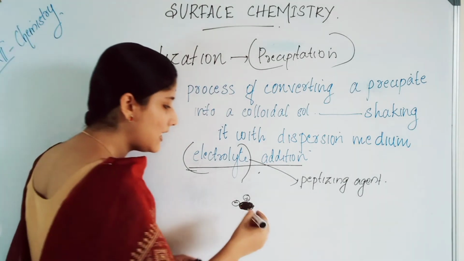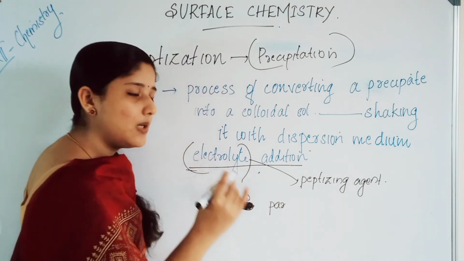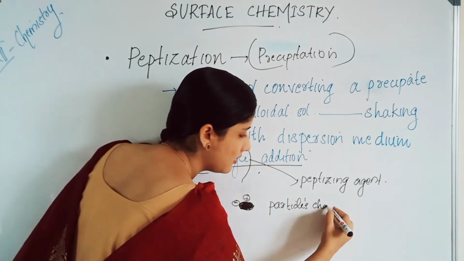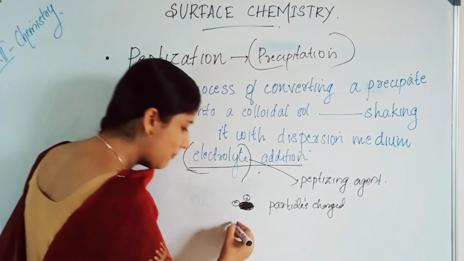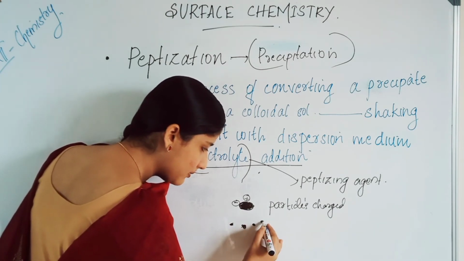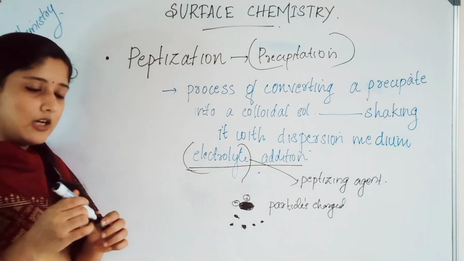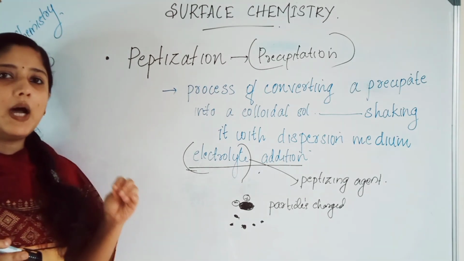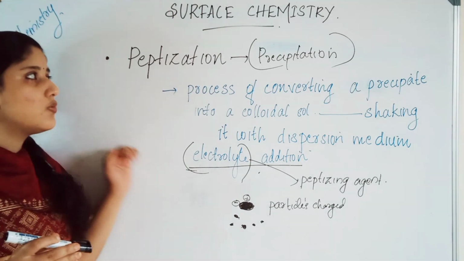Hence the particles of the precipitate become charged, and they break down into smaller charged particles of colloidal size. This is the method of preparation of colloidal particles by peptization.